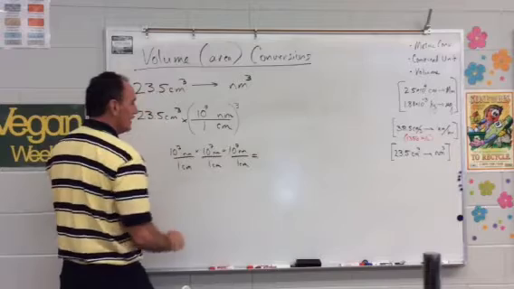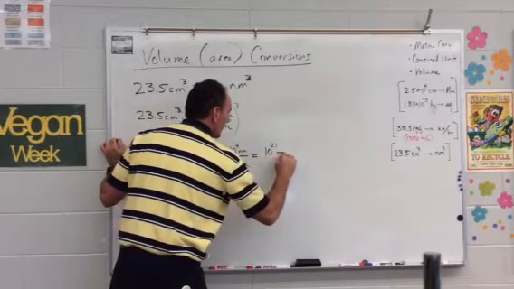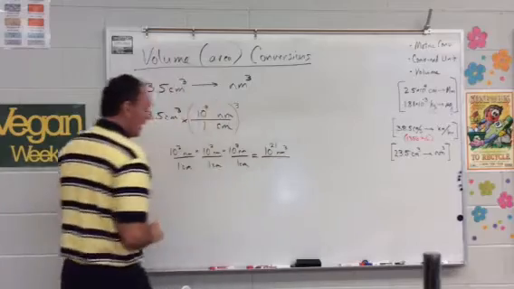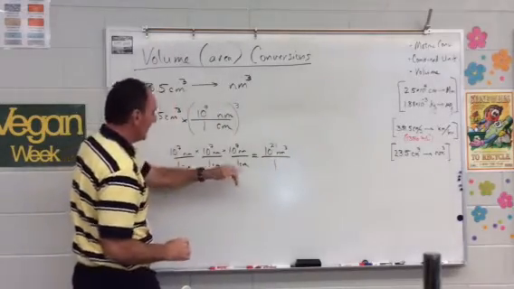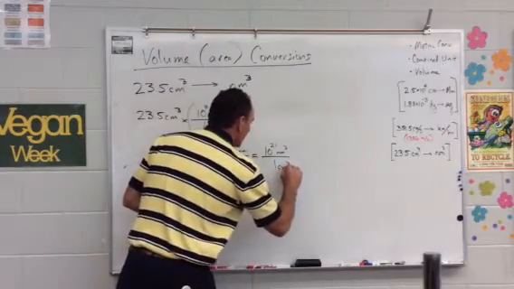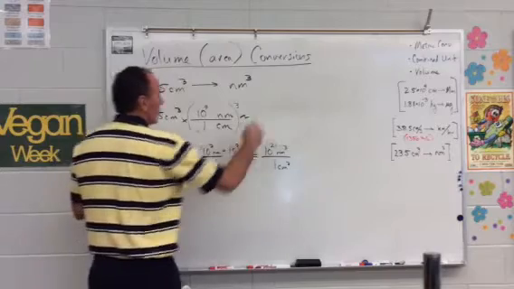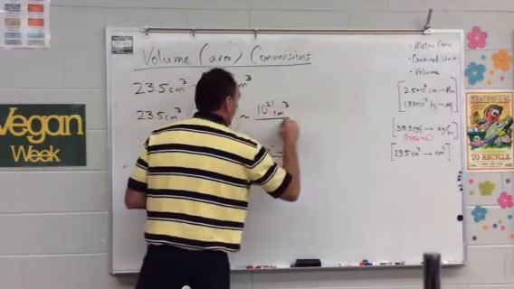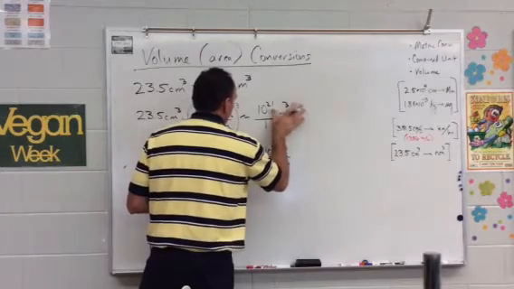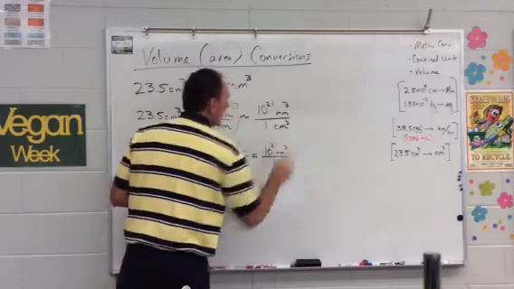So this is going to turn into 10 to the 21st nanometers cubed. And the denominator becomes 1 times 1 times 1, so that's 1. Centimeter times centimeter times centimeter gives you centimeters cubed. So I'm creating a conversion factor, which is now 10 to the 21st nanometers cubed per 1 centimeter cubed.